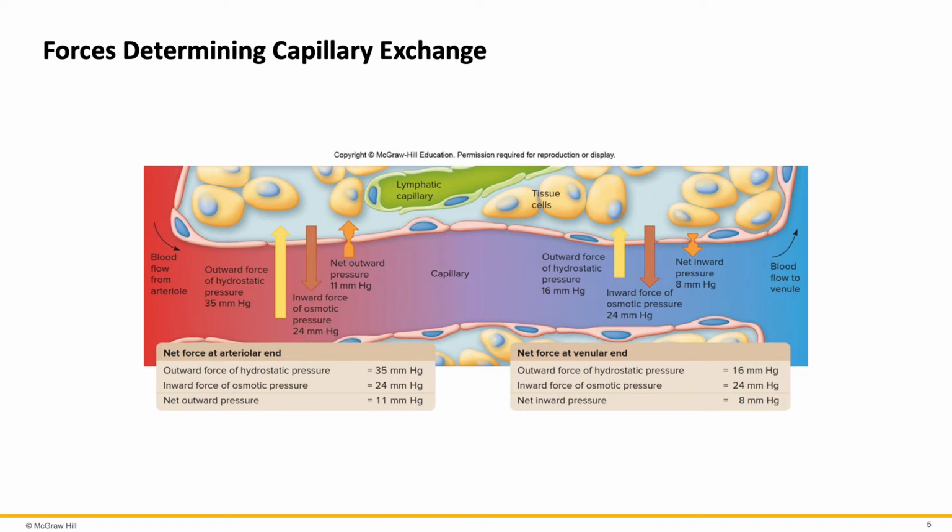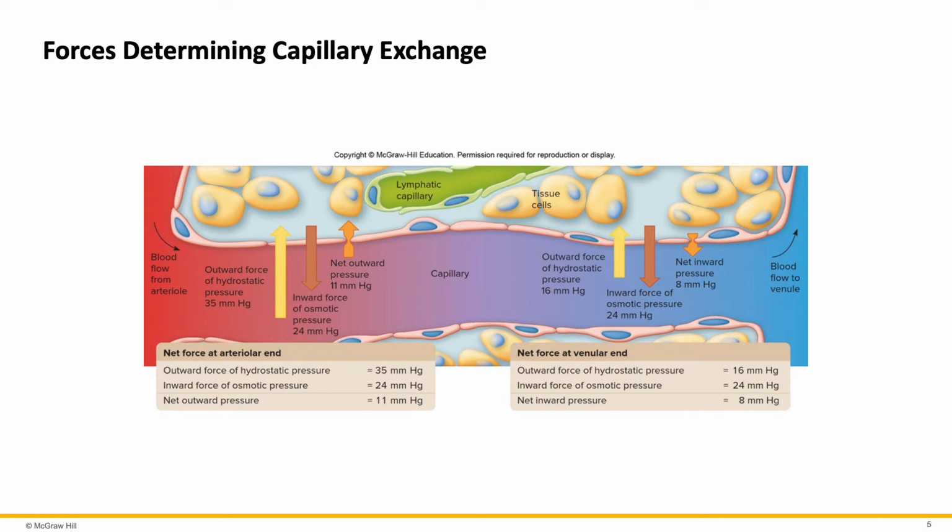There are forces that facilitate absorption or filtration. So for example, at the arterial end of the capillary, the blood pressure facilitates filtration, and it causes the substances to move from inside of the blood vessel to outside of the blood vessel.